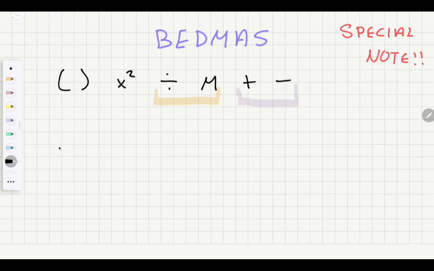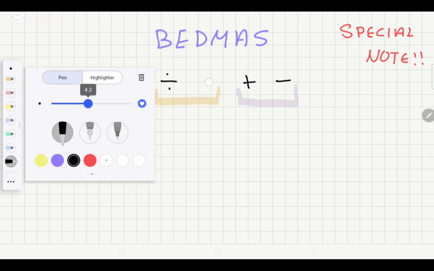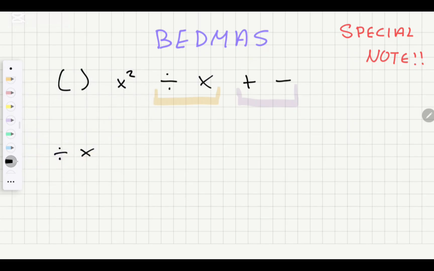So we can do division and multiplication. Oh, I just realized that is an M instead of a multiplication symbol. I'll fix that. Silly me. Alright, there we go.